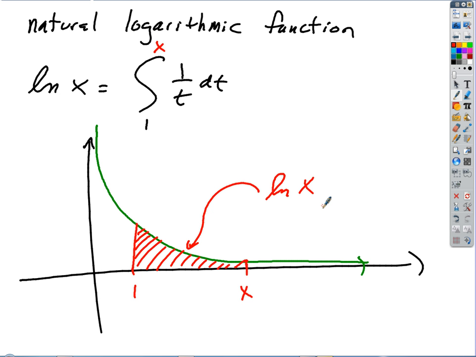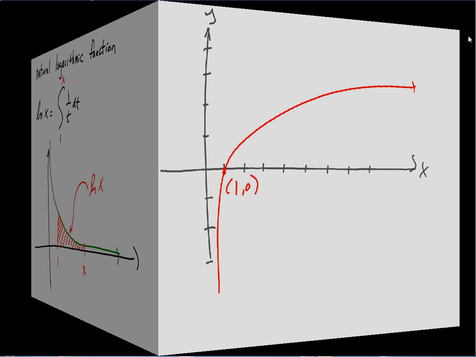The numerical value of the natural log of x is just the area under an inverse function starting at 1 and ending at x. Okay. Now you can kind of see, can you take that picture of an area under a curve and can you sync that with that picture?